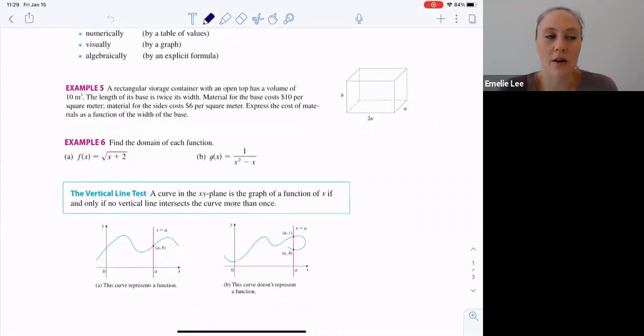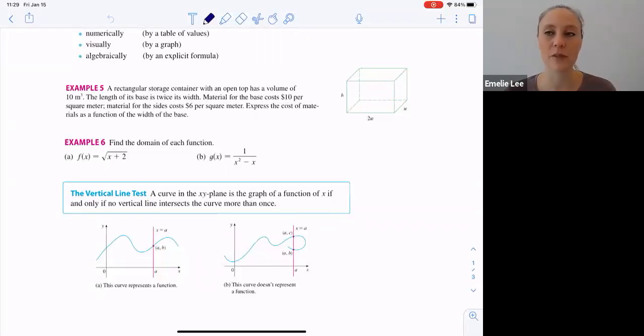To be able to figure out whether an expression or an equation is a function, we need some tools, and the easiest tool is the vertical line test if you have a graph. The key thing with a function is that each input can only yield one output.